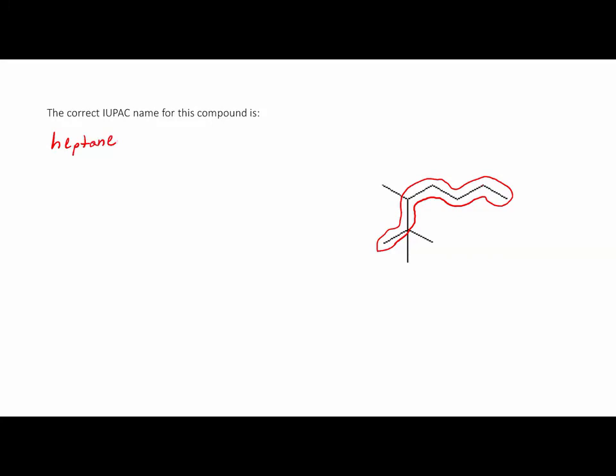You number the main chain starting from the end closest to a substituent. So that would be here. You start 1, 2, 3, 4, 5, 6, 7. And you have a methyl here and a methyl here, so 2 methyls at the second carbon, and you have a methyl at the third carbon.